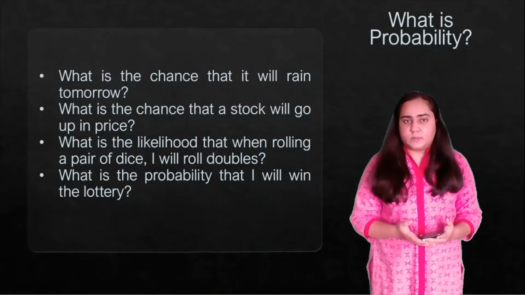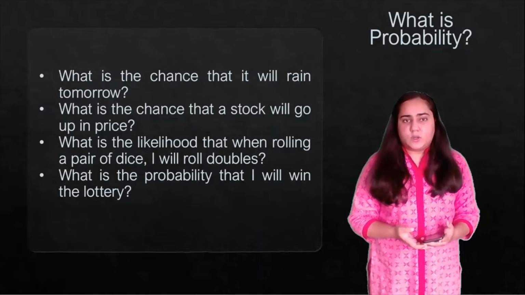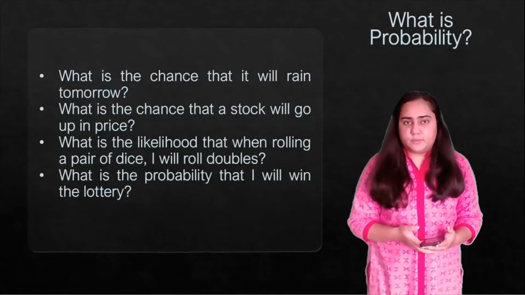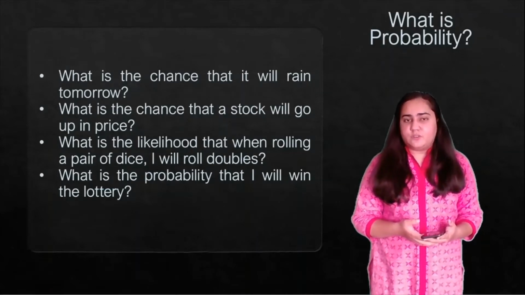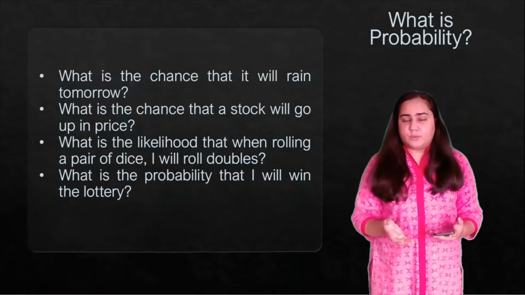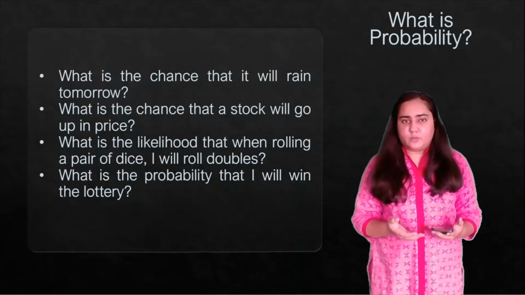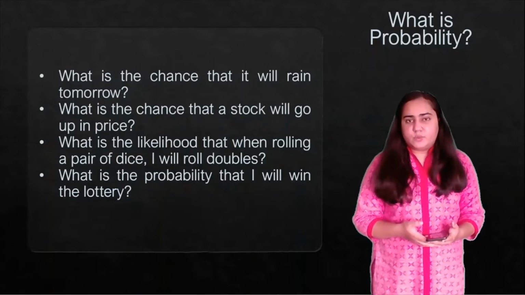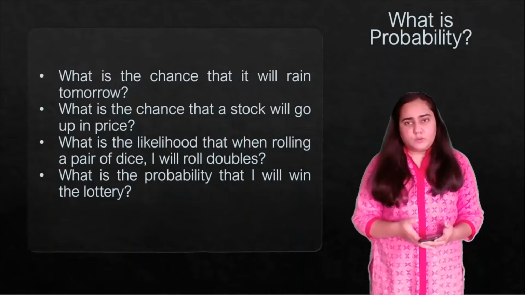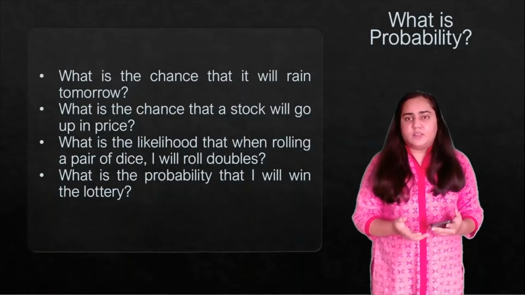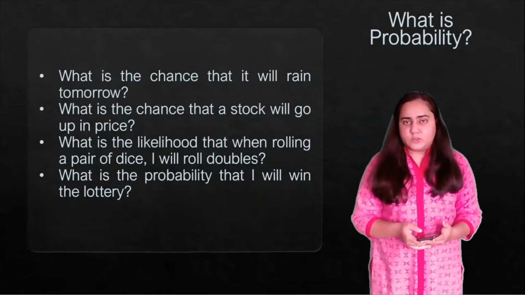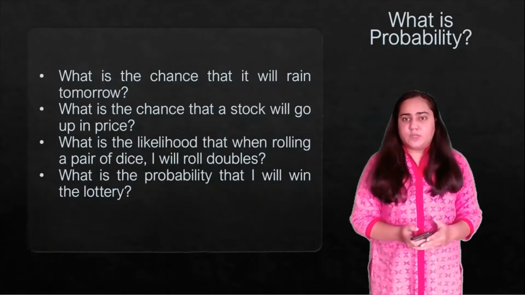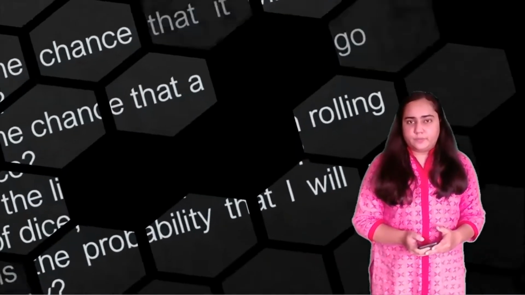That is probability. What is the chance that a stock will go up in price? Another example of probability. What is the likelihood that when rolling a pair of dice, I will roll doubles? So that's again a probability. What is the probability that I will win the lottery? That is also an example of probability.